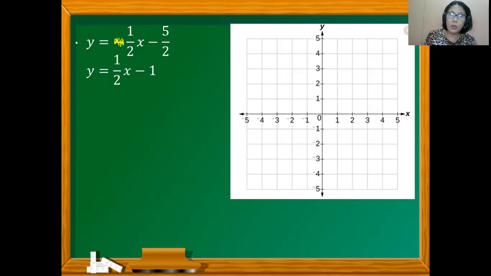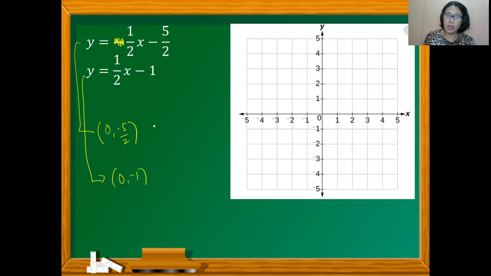So what we will be doing is to sketch the graph of each equation using the slope-intercept form. So the y-intercept of the first equation is at (0, -5/2), since the constant term is negative 5/2. While for the second equation, we have (0, -1).